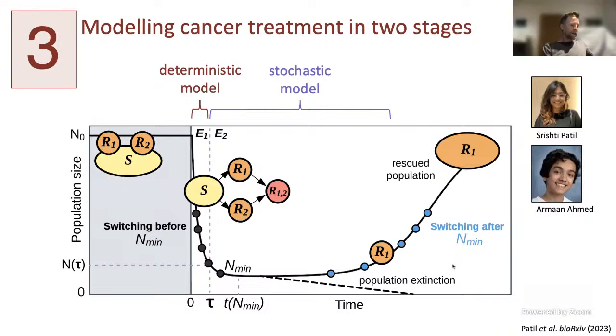Yeah, that's a key question: would it be better just to apply these two treatments together initially? We find that, at least with these assumptions in this kind of model, no, it is better to apply them sequentially, because applying them at the same time, you do not get the advantage of the stochastic extinction. In the parameter ranges we're looking at, extinction is unlikely unless you can get the population to be very small, because we're assuming there is pre-existing resistance.